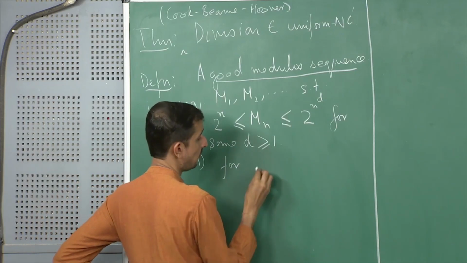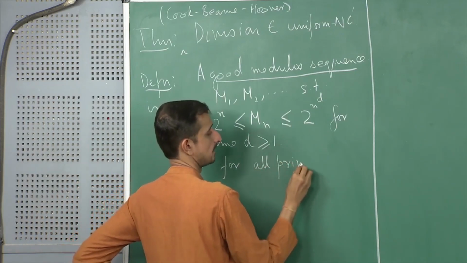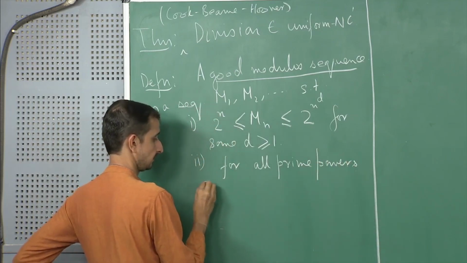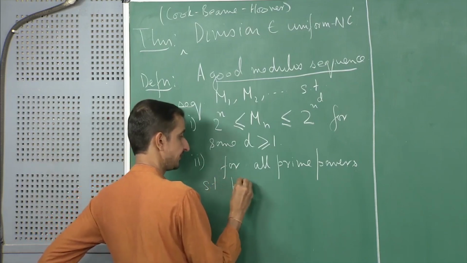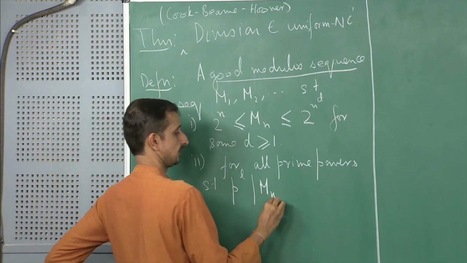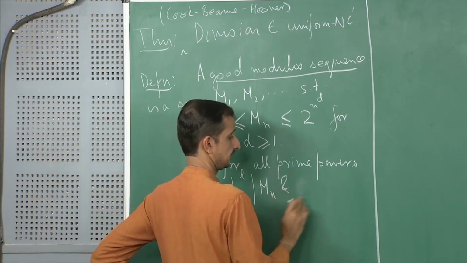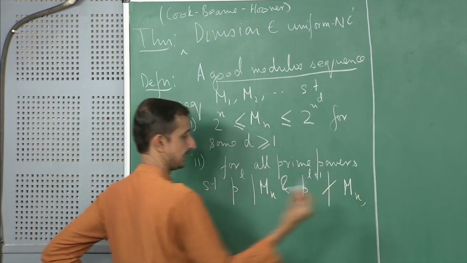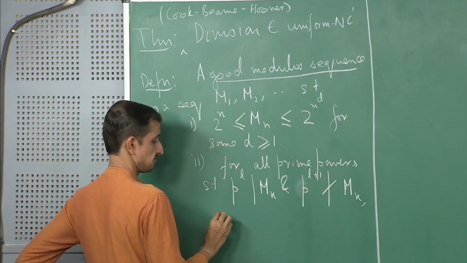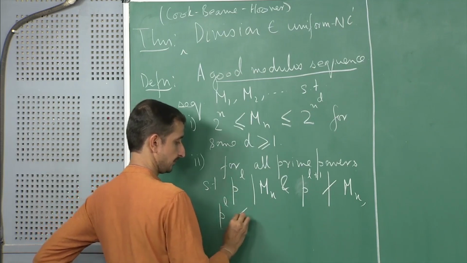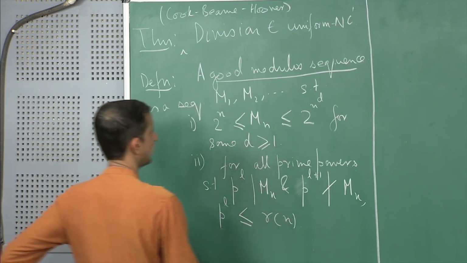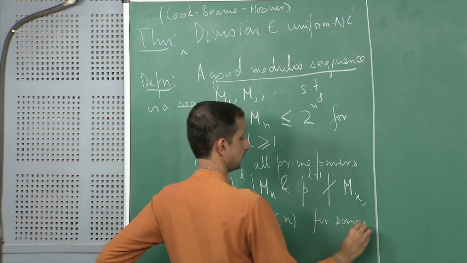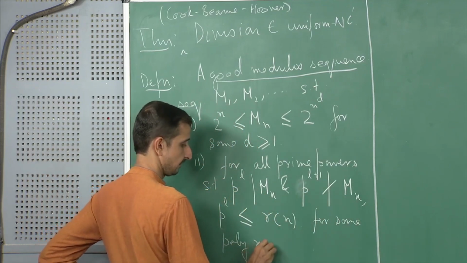for all prime powers such that p raised to the power l divides Mn and p raised to the power l plus 1 does not divide Mn, p raised to the power l is at most r of n for some polynomial Rn.